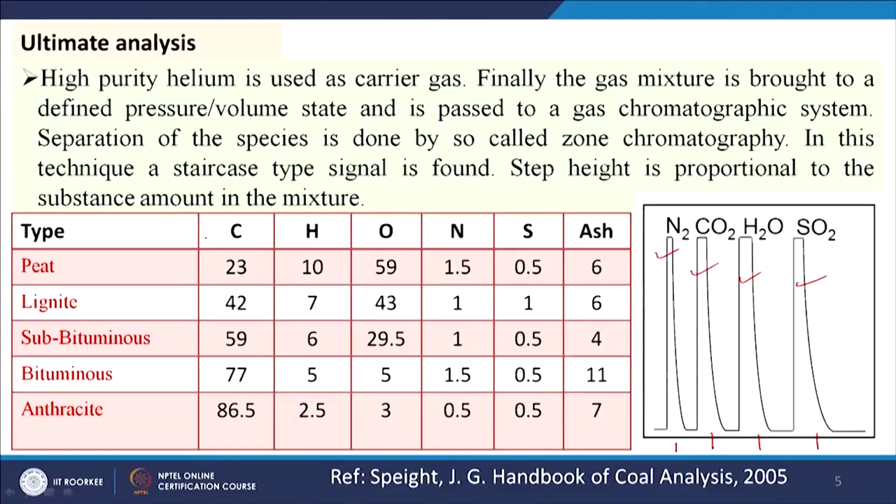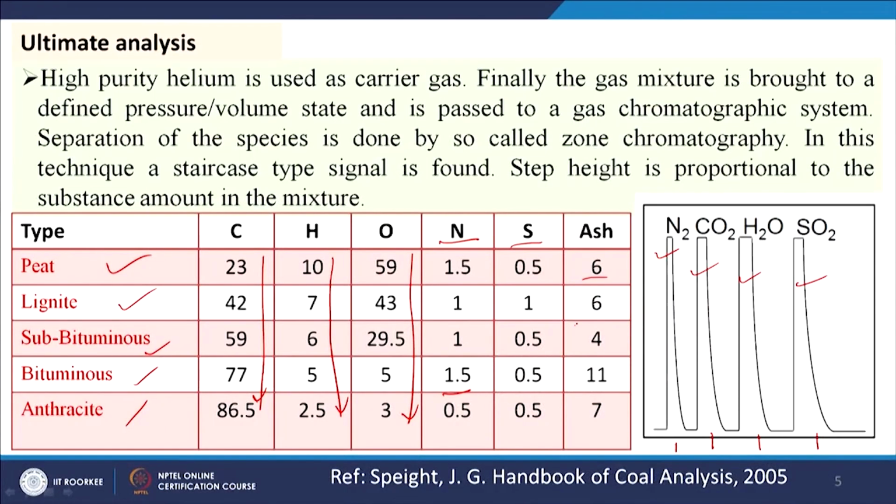Now, we will see some examples of the ultimate analysis of different types of material, including peat, lignite, subbituminous, bituminous and anthracite. Here also we see hydrogen content is decreasing gradually, oxygen content is decreasing gradually and carbon content is increasing gradually. But for nitrogen and sulfur, there are very small changes, 0.5 to 1.5.